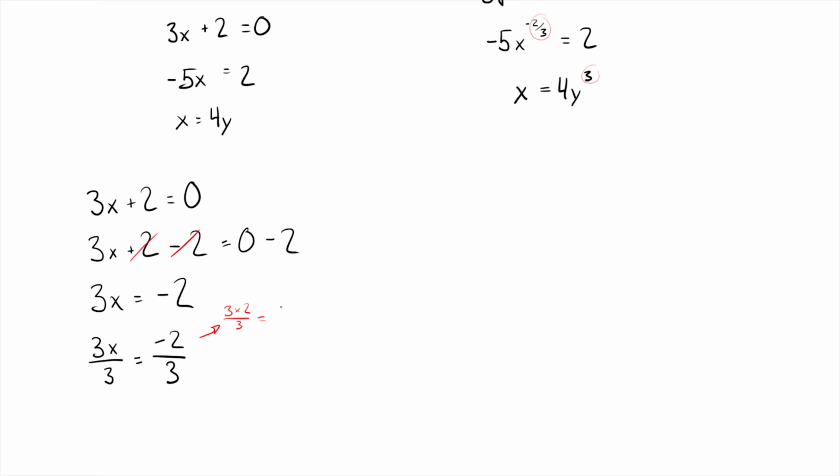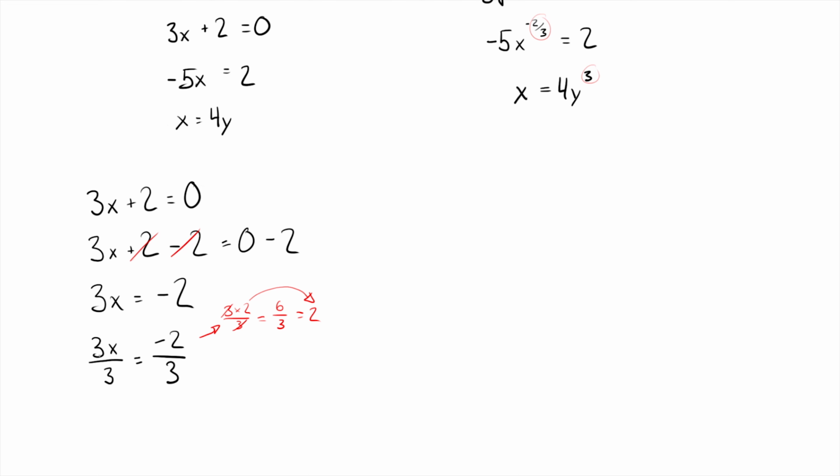That's 6, and 6 divided by 3 is just 2. So what I can see is that I can just cancel out this 3 and this 3 and go straight to my 2.